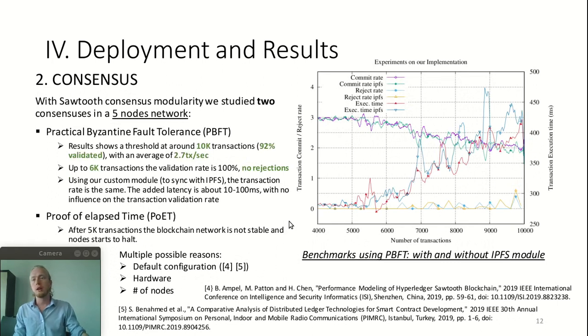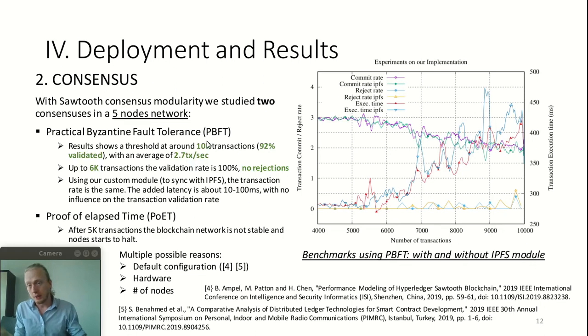Next, we also studied two consensus algorithms with a 5-node network: practical Byzantine fault tolerance and proof of elapsed time. With practical Byzantine fault tolerance, it shows that after 10,000 transactions, with an average of 2.7 transactions per second, the blockchain will start to reject a huge amount of transactions.